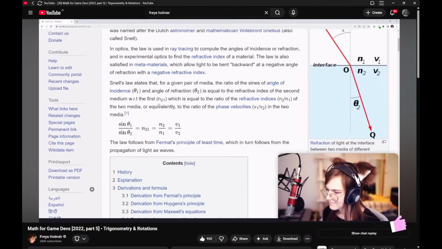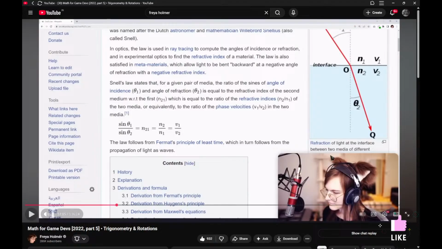Yeah, the refraction path. When you change from one medium to another, the light actually bends towards the normal when you go from a lower refractive index to a higher refractive index.